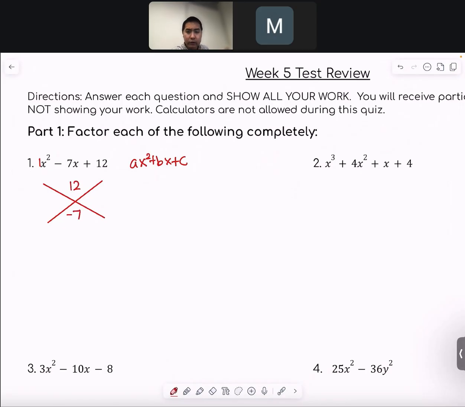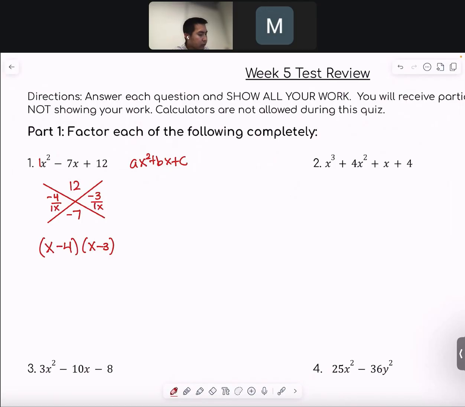So the two numbers that multiply to 12, but when added give you negative 7, that is negative 4 and negative 3. You divide both of these by the a value, and both of those can't simplify, so add an x, and then you go from bottoms up. X minus 4 and x minus 3.